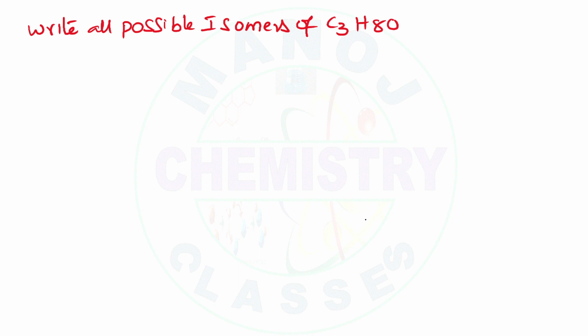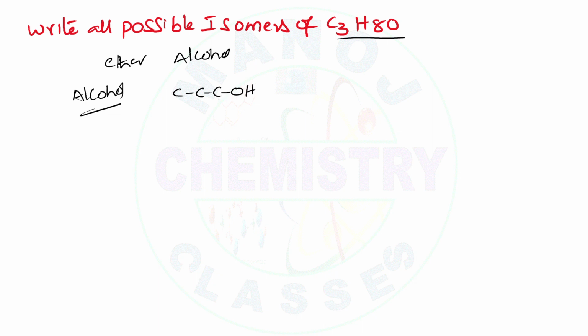If they are asking for the possible isomers of C3H8O, for this C3H8O I can write either alcohols or ethers. First I would like to write the alcohol isomers. Among these, this one is a propanol isomer.